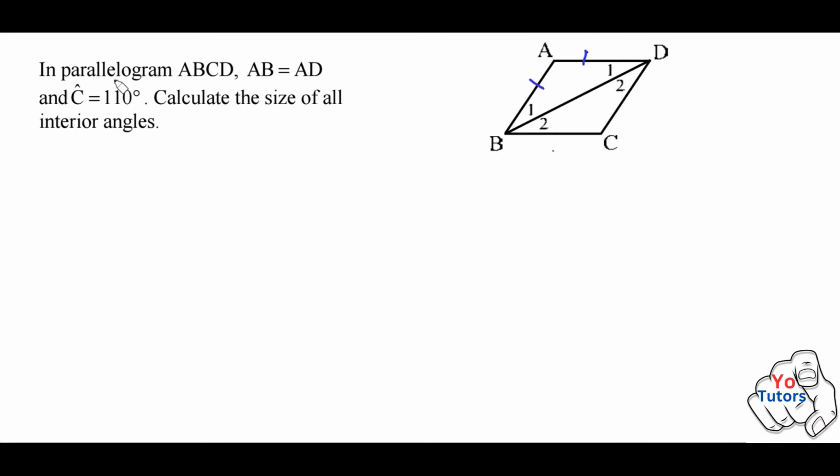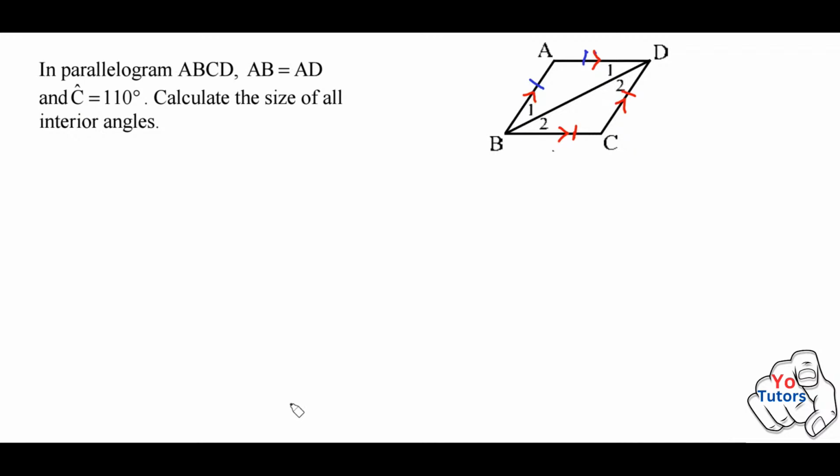Now, if we are told that it's a parallelogram, we can also add that this side here is parallel to that side, and that side here is also parallel to that side. And again, this side here will be equal to that, and this one will also be equal to that, because the opposite sides are equal. I'm just saying you can put those down, then you won't have a problem.